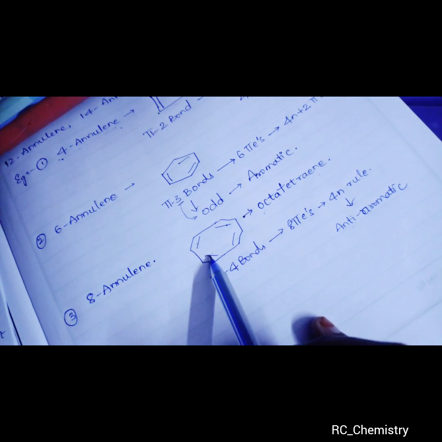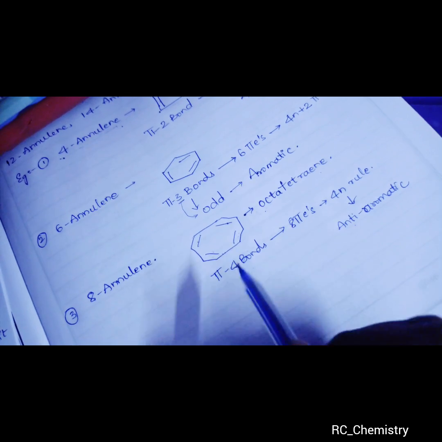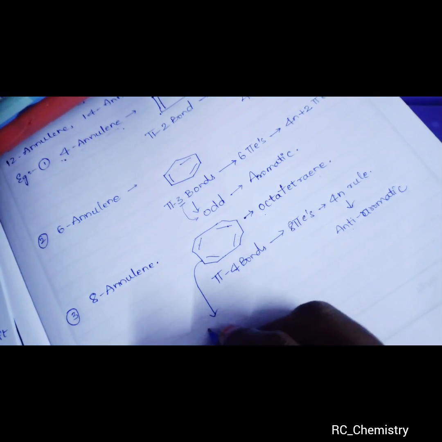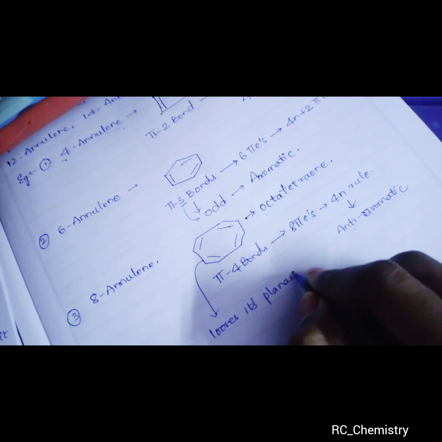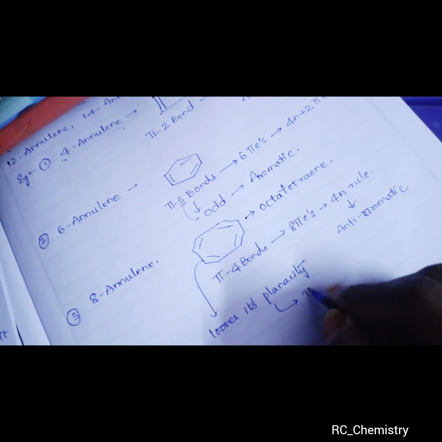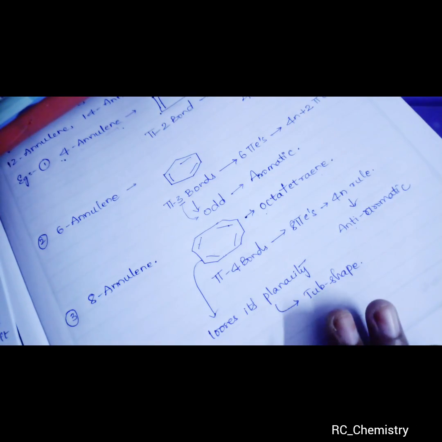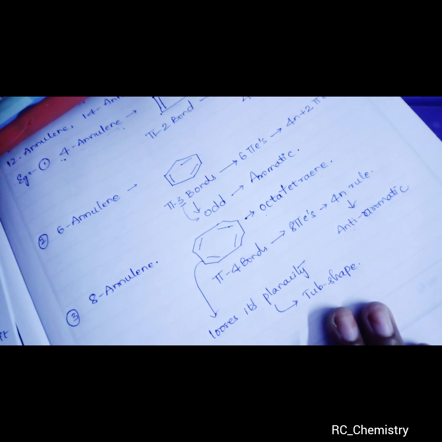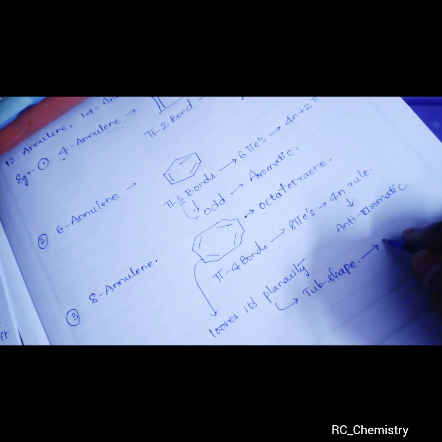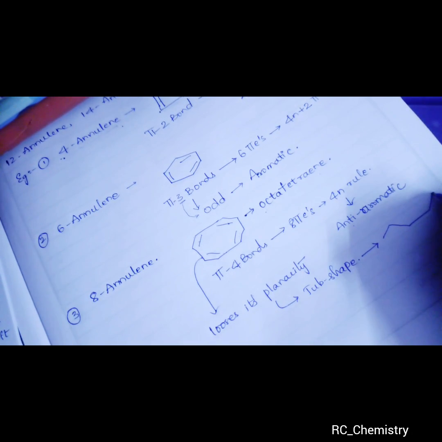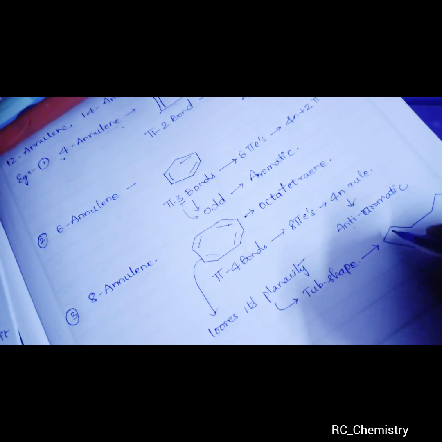Whenever this octatetraene molecule is planar, it should possess anti-aromatic character. But this molecule cannot be planar. It loses its planarity and turns into a tub-shaped structure, which looks like this.